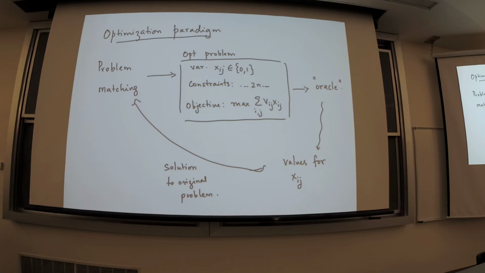But I won't stress it too much, because usually it is somewhat easy. Sometimes you run into problems, and I will give examples where certain formulations don't exactly capture the problem. You mentioned we have 2n constraints, but we also have the constraints that Xij are binary.